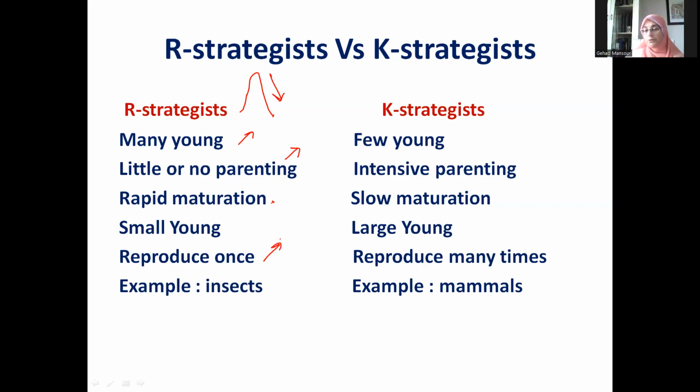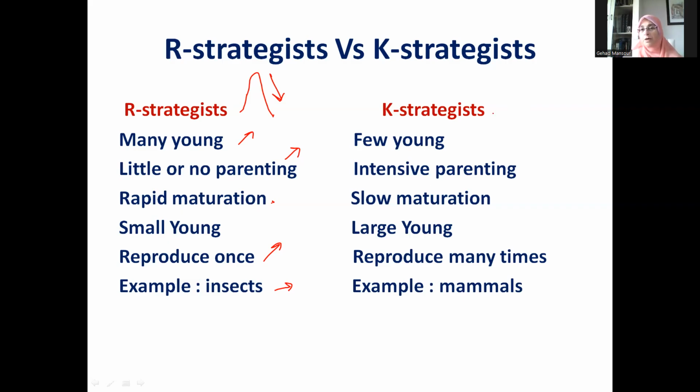They usually reproduce once, like one cycle, and then they die, because one cycle makes them big in number, and then they reproduce rapidly, and then they have problems continuing. For example, the insects. The insects lay their eggs once, and then the eggs hatch and give another generation of insects, and usually the insect dies afterward.